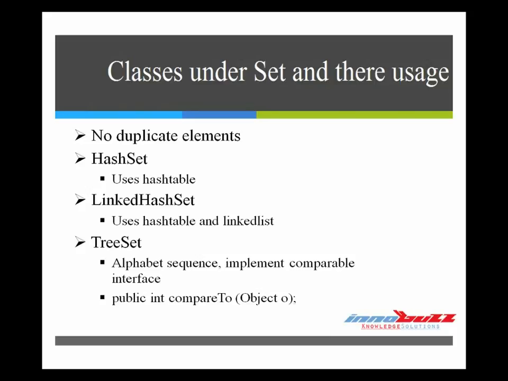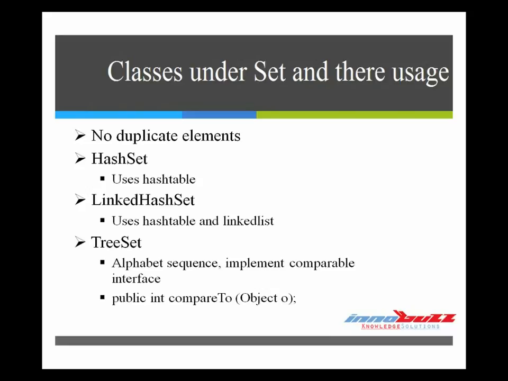So for example, if we have two objects and we call compareTo on the first object with the parameter of the other object, we get a negative value if the first object was smaller than the other according to the natural sequence.